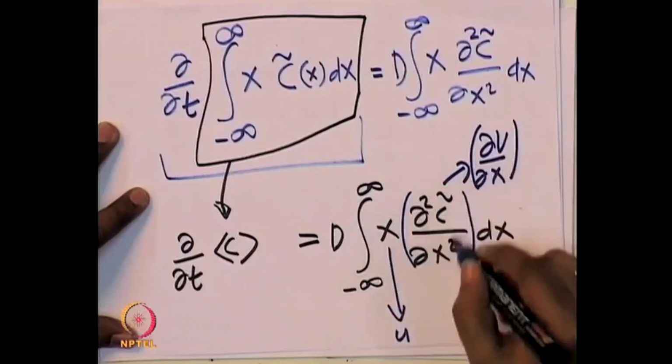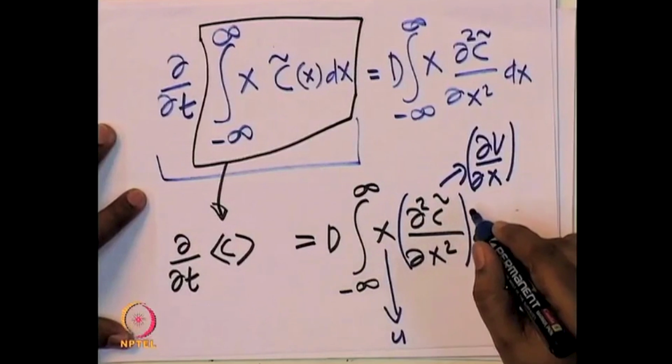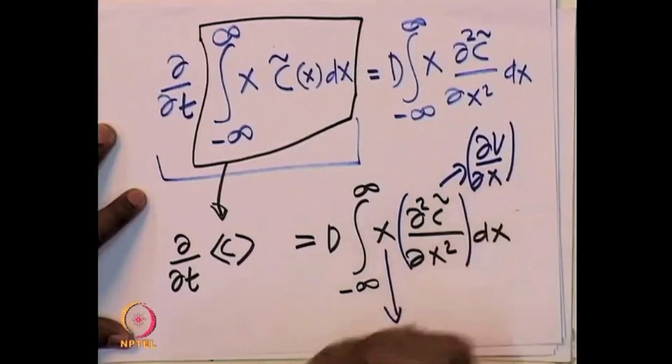So this is integral u dv by dx. You can do this using a rule in calculus called integration by parts.